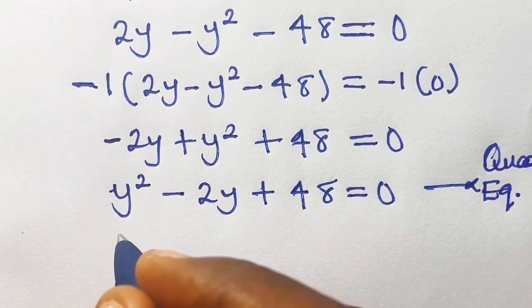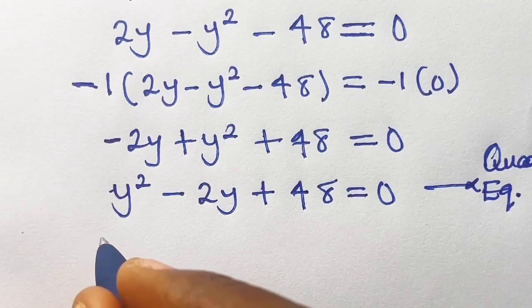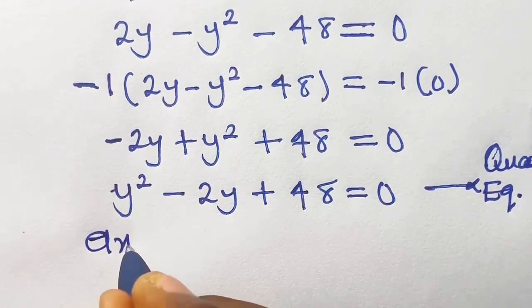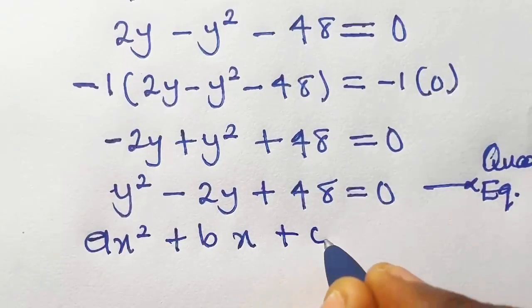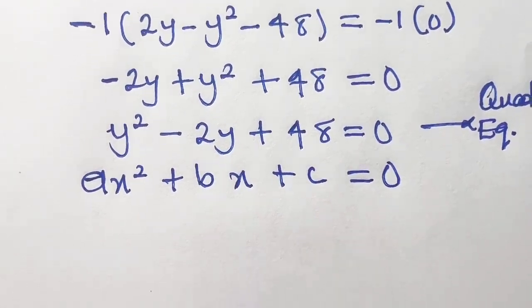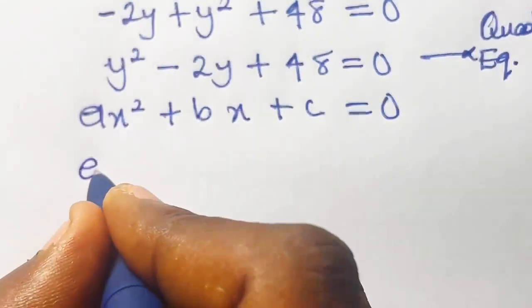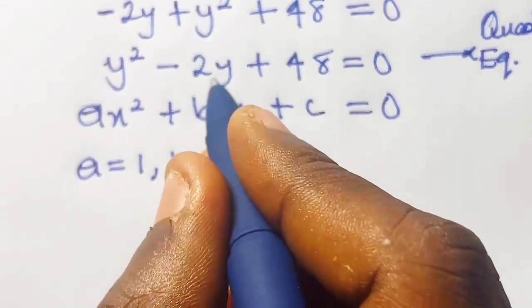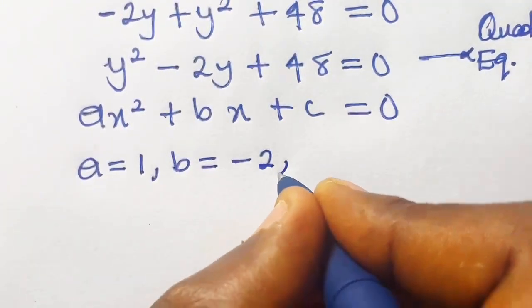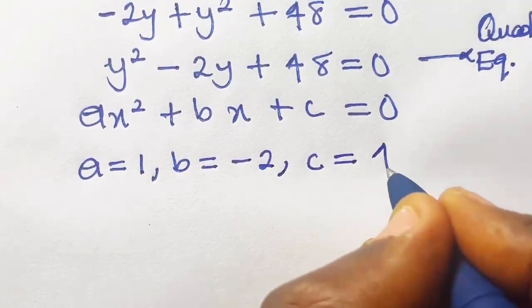If you compare this with the general expression of quadratic equation, ax squared plus bx plus c equals 0, you see that our a, coefficient of y squared, is 1, b, our coefficient of y, is minus 2, and our c, which is our constant, is 48.